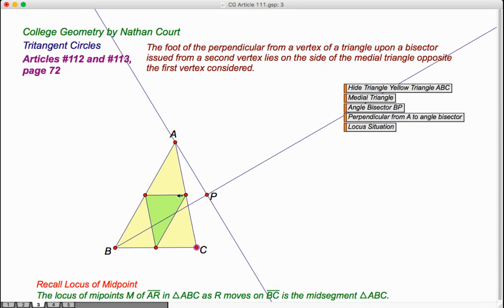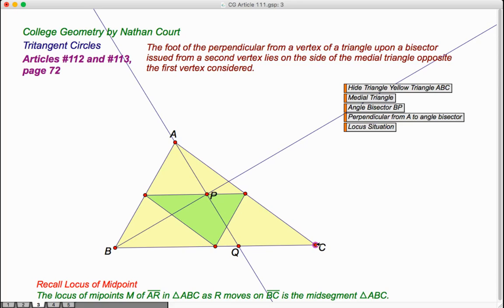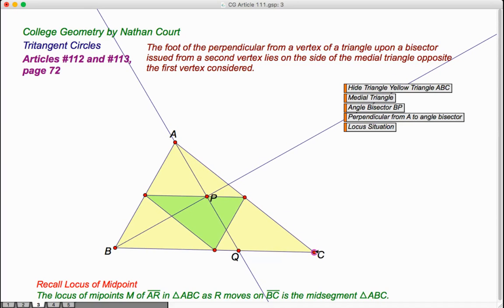But this side here, P lies on the side extended, okay? So it lies on the extended side of the medial triangle, so it's still okay. However, let's consider this particular situation, okay? So the foot of the perpendicular P lies on the medial triangle. Oh, that's what that means.